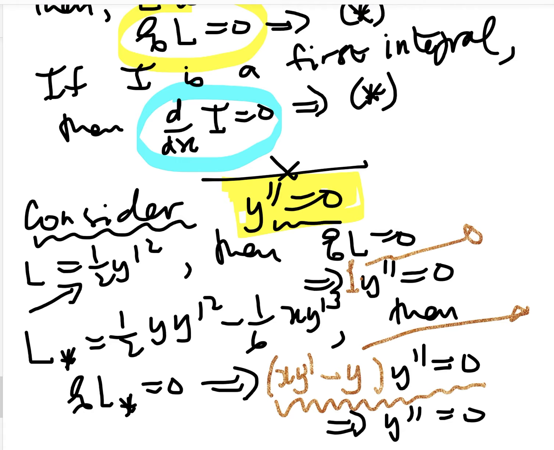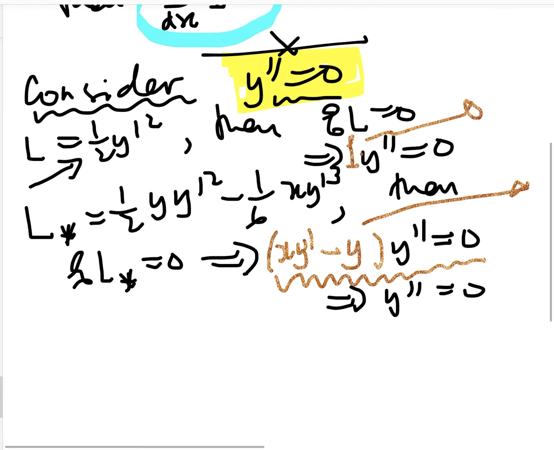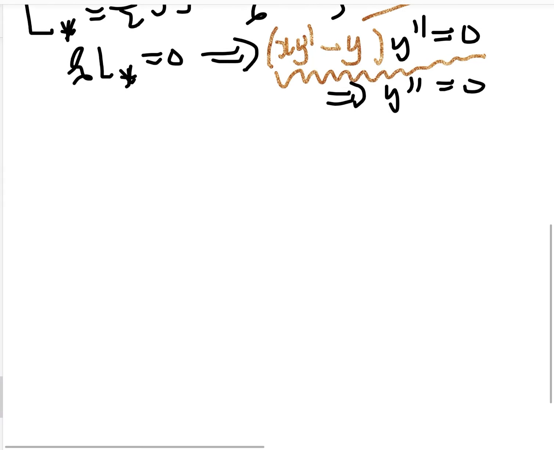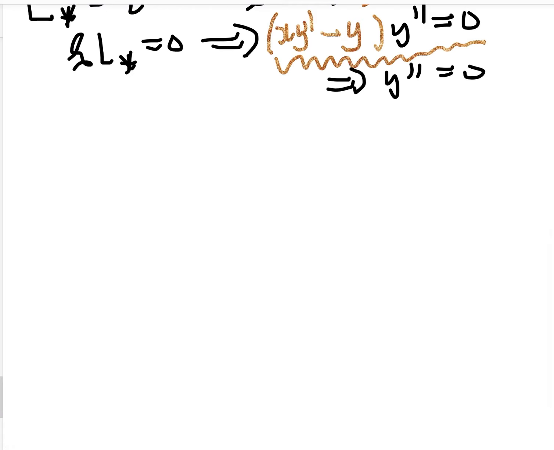Now, what was so special about this factor x y dashed minus y? Well, we discussed that particular function earlier. So we'll say let I equal this factor x y dashed minus y.